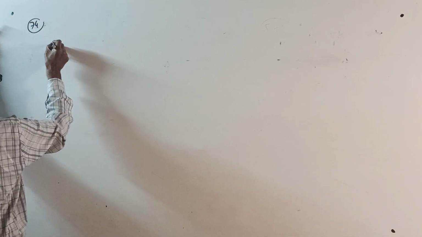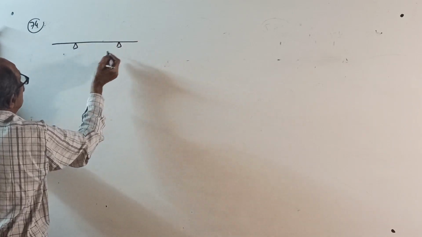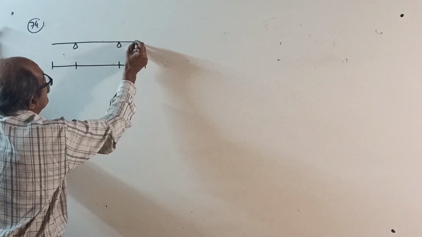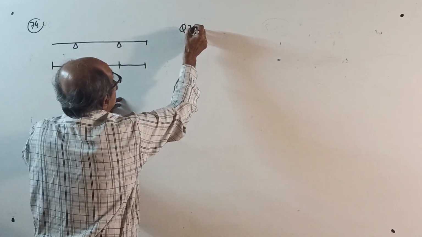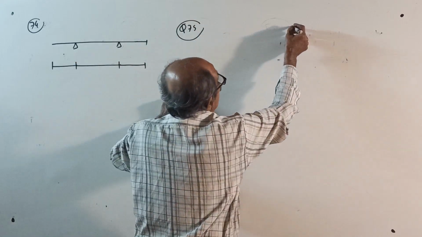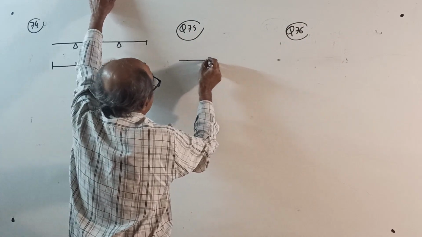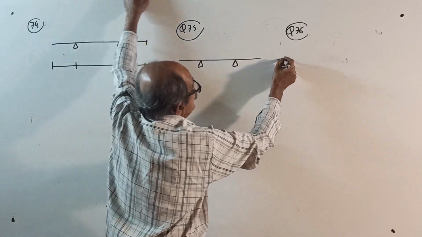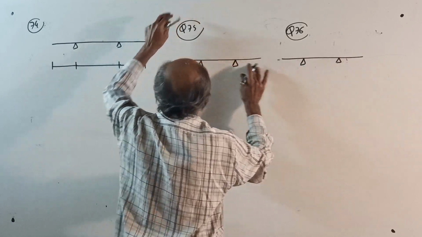I'll go for double side overhang with point load. Then I'll go for other combinations, point load, UDL, etc. Question 74, question 75, question 76. See, all three are identical questions, but some changes will come.